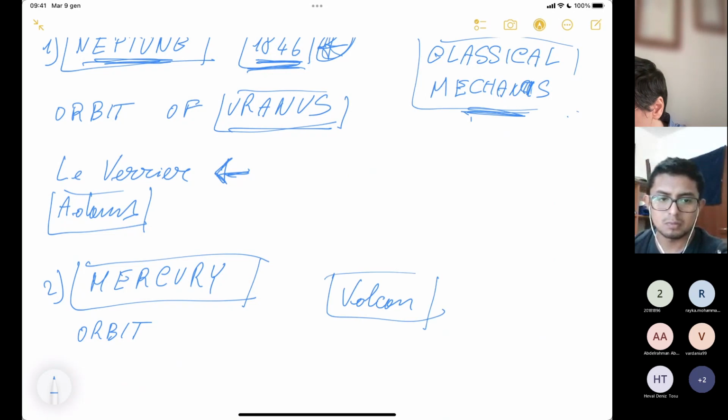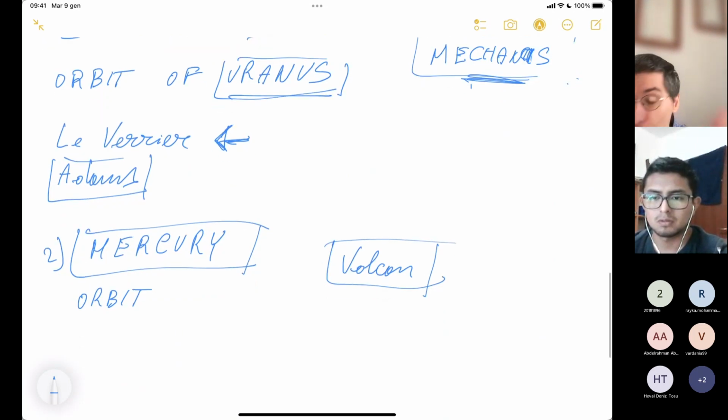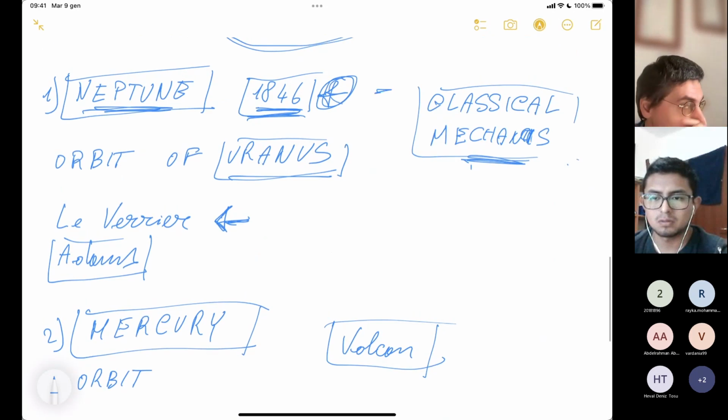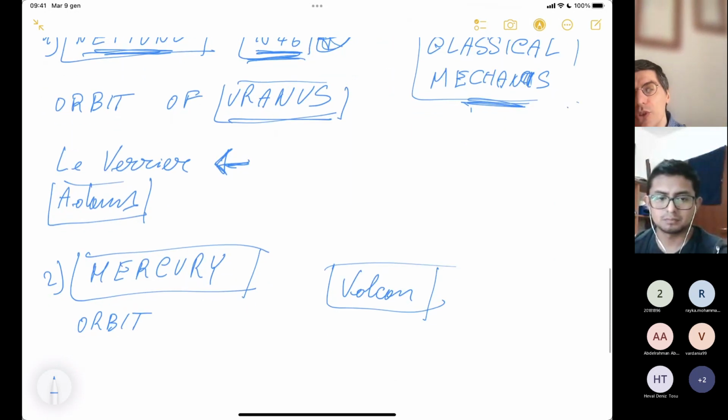It should be something like this, Vulcan. Also in this case, they considered the name of a Latin god. But from the time after the discovery of Neptune until today, nobody has been able to see this new planet, Vulcan.